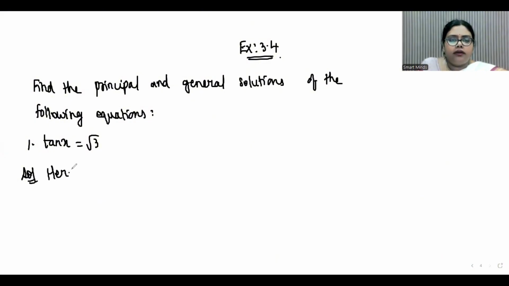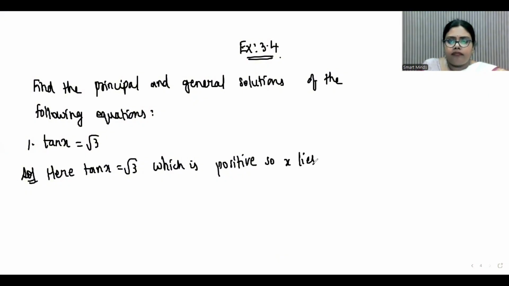Over here, tan x equals root 3, which is positive. So x lies in the first or third quadrant.